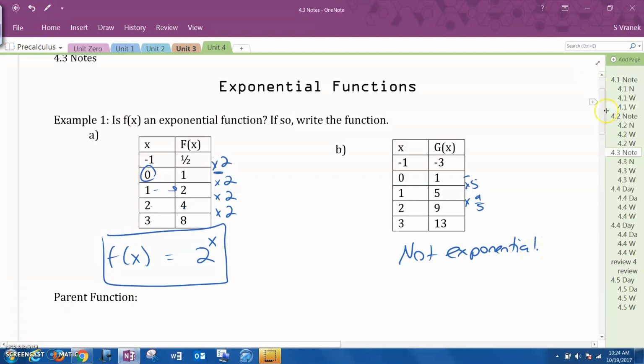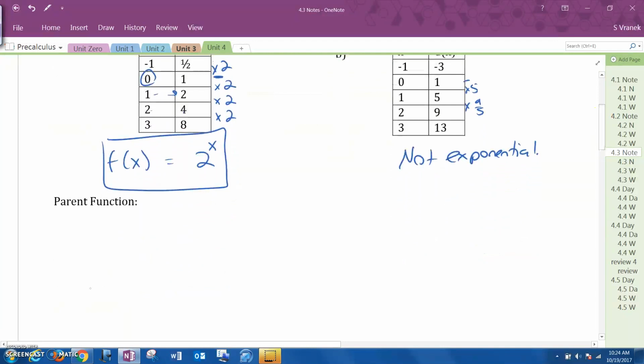So exponential functions come in the form of f of x is equal to some number to the x power, again, where n is a number. You're also going to see the number e, which is a number 2.7 decimal.